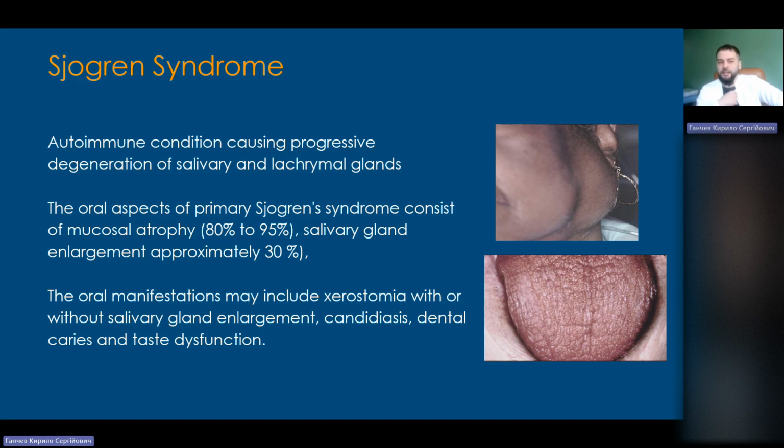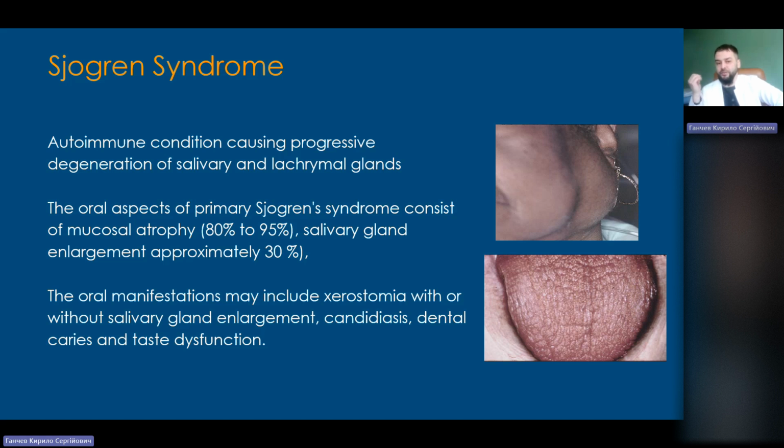The oral aspects of primary Sjogren's syndrome consist of mucosal atrophy, and salivary gland enlargement in approximately 30%. The oral manifestations may include xerostomia. It's when the patient complains of dry mucosa in the oral cavity, right?